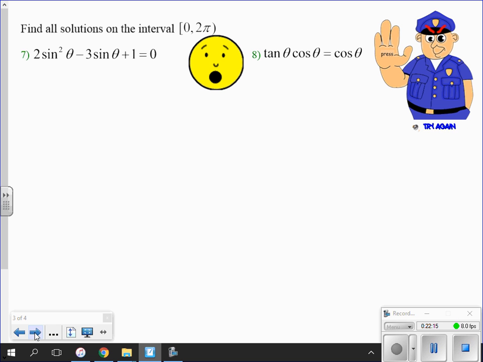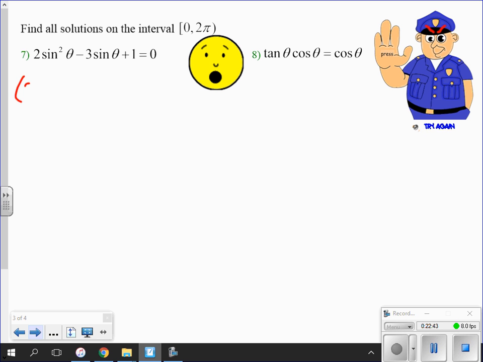However, instead of x squared, I have sine squared. But I have a quadratic equation. If that were 2x squared minus 3x plus 1, you would factor it. You factor this just like a quadratic, because I have sine squared minus sine and some number. So I have a quadratic equation with sine theta instead of x. So I factor it as such.